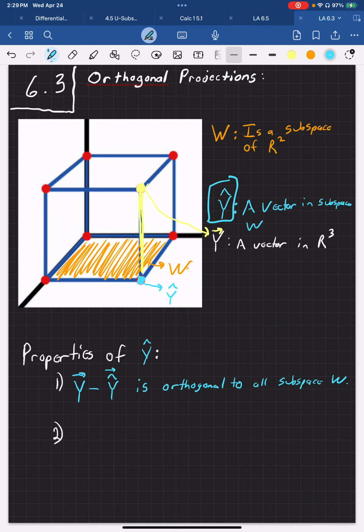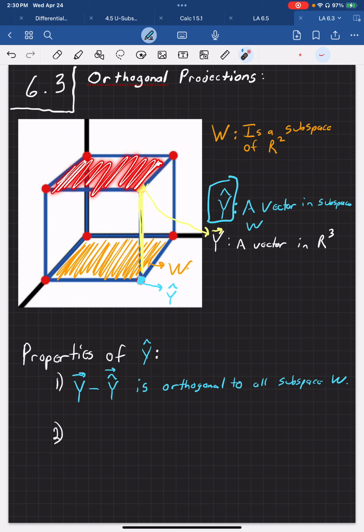Right? That makes perfect sense if you think about it for just a quick second. If this point here is perpendicular, let me rephrase that.